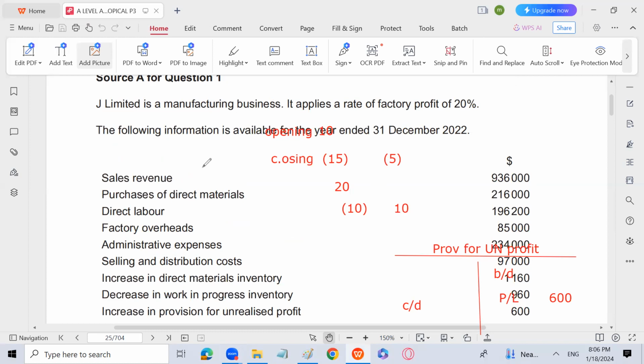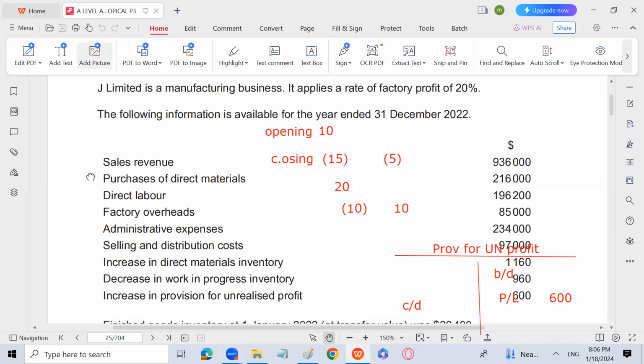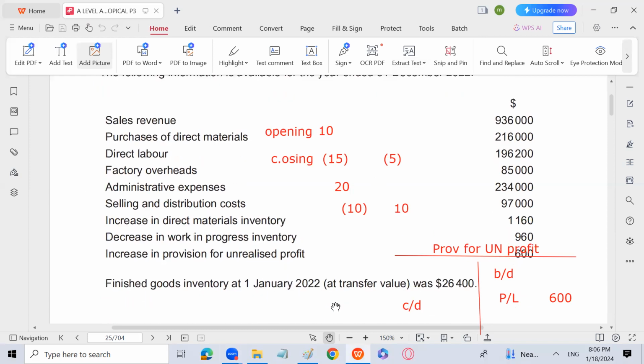In this question the finished goods opening inventory at transfer value is 26,400. It means it includes factory profit of 20%. If you want to separate profit from finished goods opening at transfer price, we need to multiply by margin, not by markup.